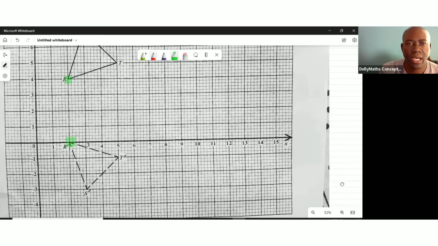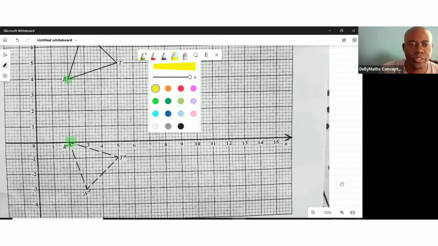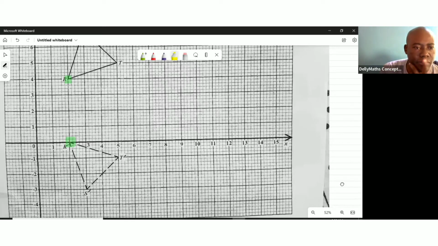Looking at R, we could see that it's this point where this X value here means that on the Y. So I'm talking about 2 on the X with 4 on the Y. This is a 2 here, right? It is a 2. So 2 on the X meets 4 on the Y right here.